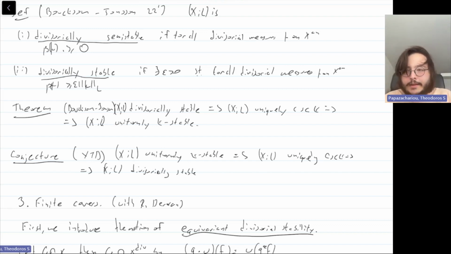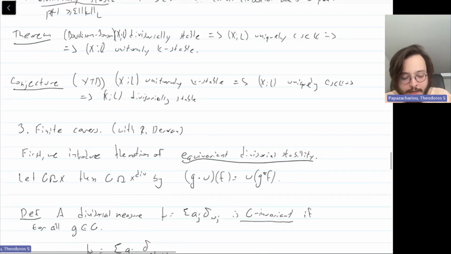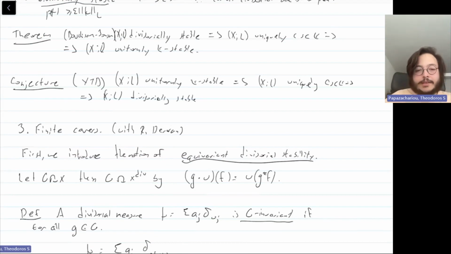So essentially, divisorial stability is an even stronger notion than K-stability. But the conjecture tells you that these notions should be the same. And this conjecture, that divisorial stability implies uniform K-stability, is essentially the Yau-Tian-Donaldson conjecture.